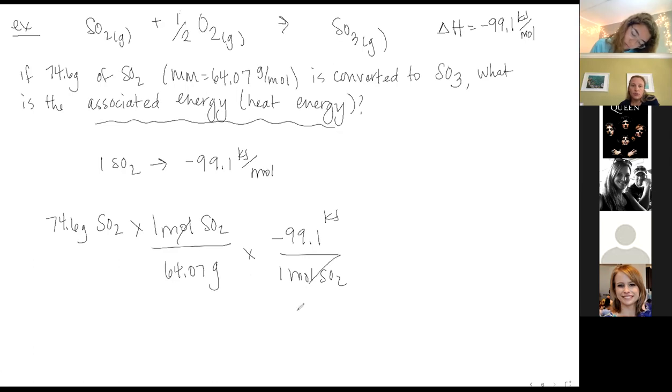So our moles of SO2 will cancel, our grams will cancel, and we're left with kilojoules, which is an energy term. Doing this math, as everybody said, we get about negative 115 kilojoules for this problem.